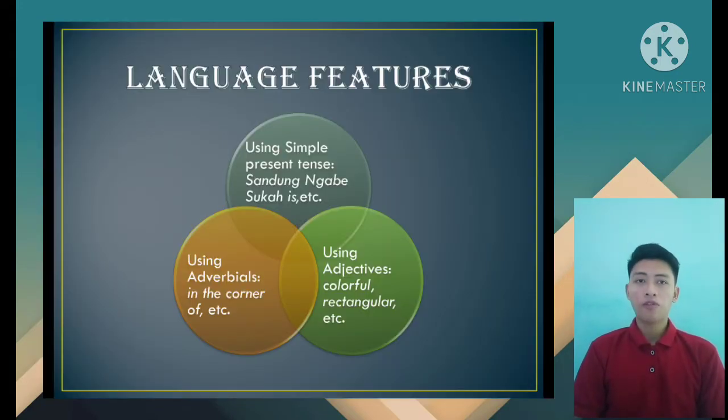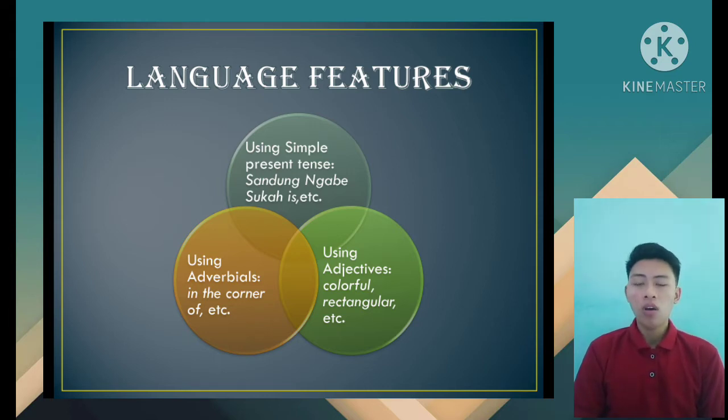Next, we move to the characteristics or the language features of descriptive text. For the first point, descriptive text usually uses the simple present tense. Why does descriptive text use the simple present tense? This is because we describe a fact or truth that is attached to something or someone.